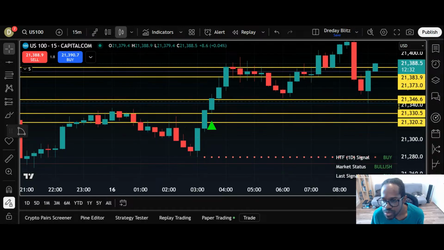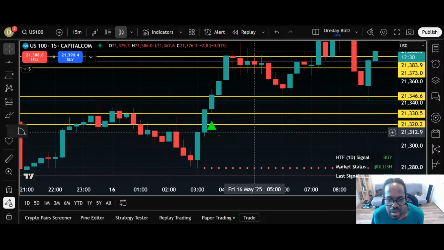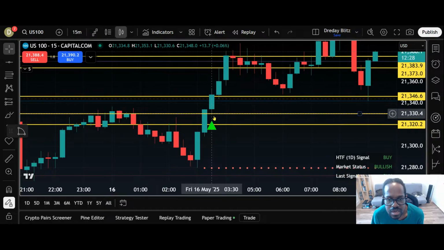So usually what I do here is I put my stop loss right at 50%. If we have two levels that are more or less at the same level, I put it like at the middle. Okay, so I would put the stop loss right here.